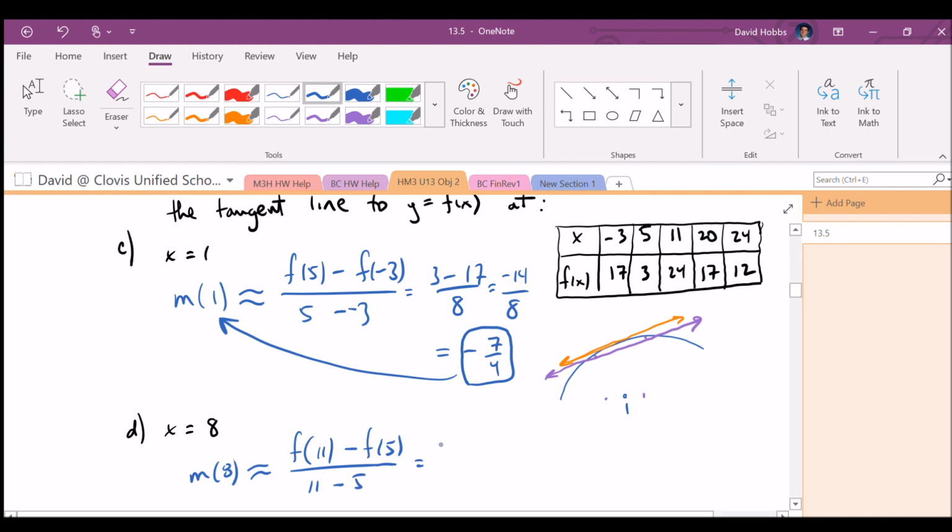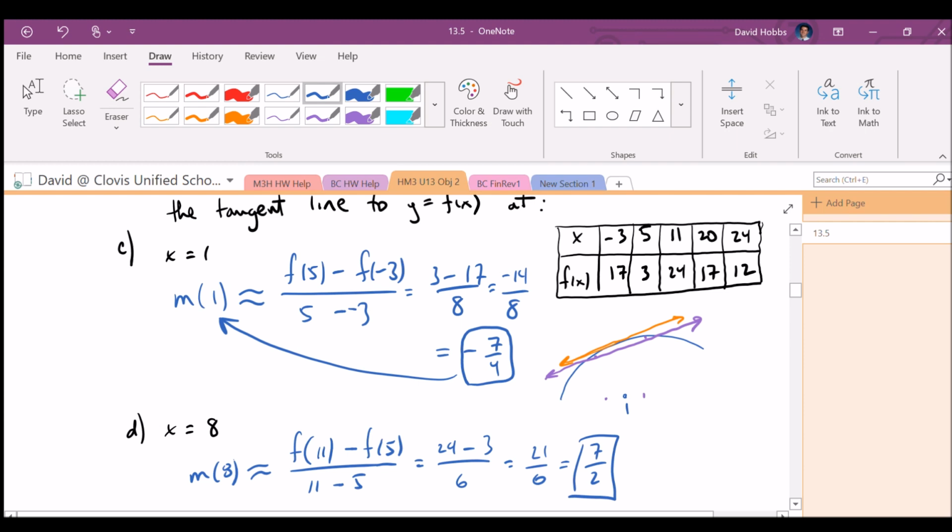Okay, so f of 11 is 24, f of 5 is 3, over 11 minus 5 is 6, 21 over 6, which is 7, no, not thirds, 7 halves. I'll fix that. 3 goes into that. Okay, so 7 halves.